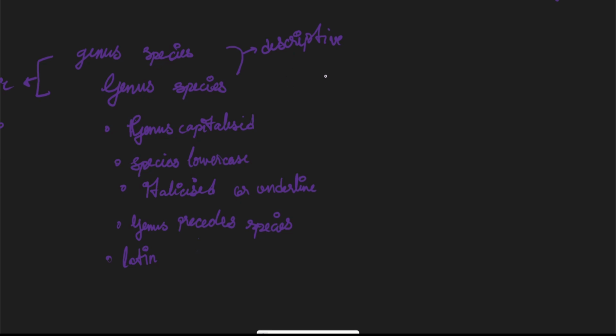So you might have aquatilis as the species name, which means it lives in water, or perhaps even bulbosus, which means it has a bulb, and you have even edulis, which is edible.